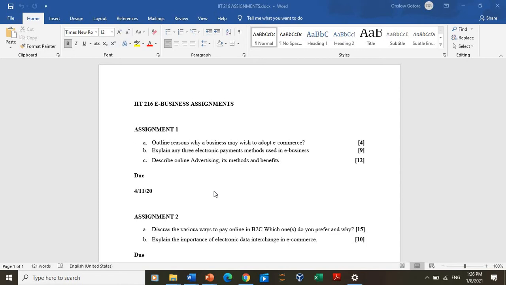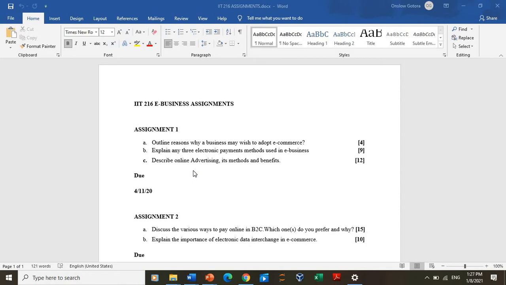Basically, advertising is making known your products to your intended customers, not only intended but all your potential customers. If that product is made known to the potential customer, then we call that electronic advertising. As for the methods of advertising, just like electronic payment methods, there are quite a number of them.